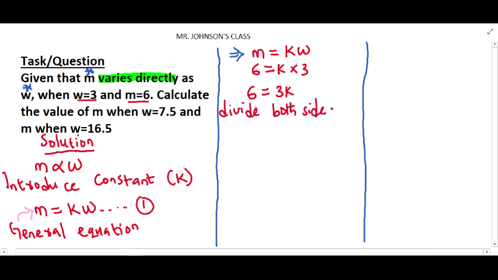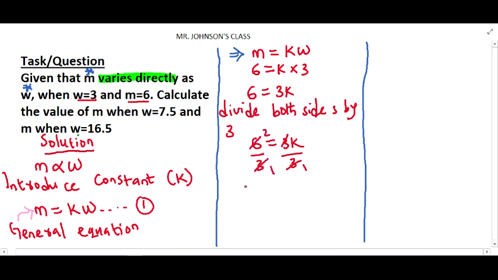If you don't really understand why I'm dividing both sides by 3, check out my video on simplifying linear equations, or any video I have on algebraic expressions. So 6 divided by 3, because I'm dividing both sides by 3, and 3K divided by 3. The 3 cancels out to 1, and 6 divided by 3 is 2.